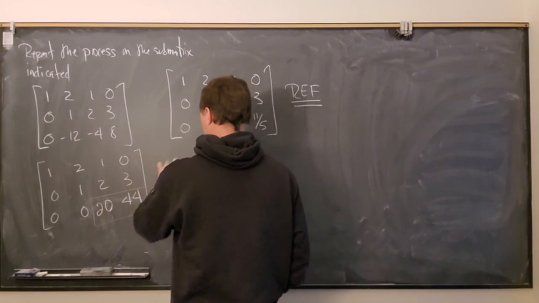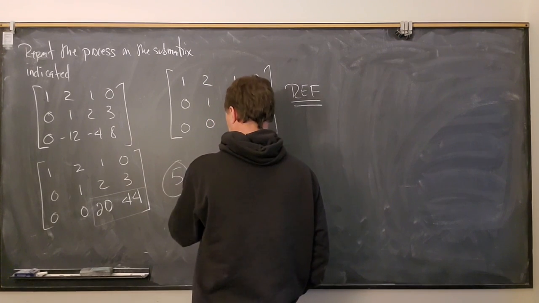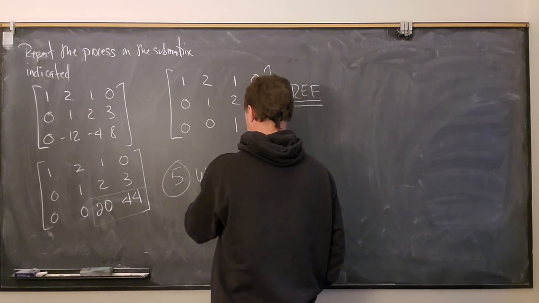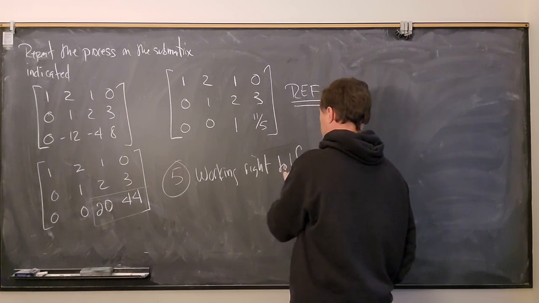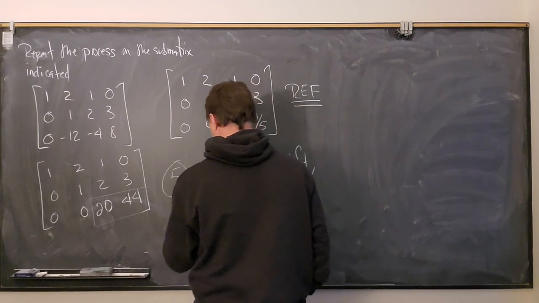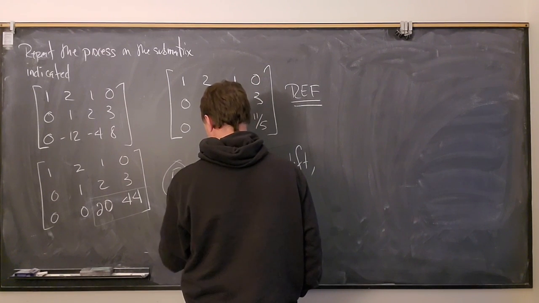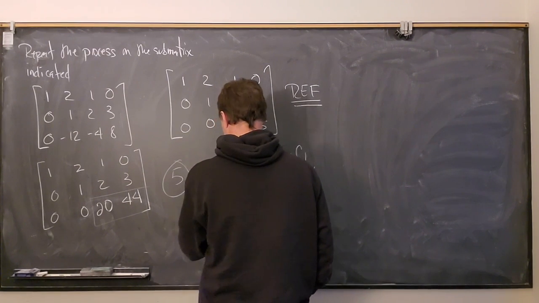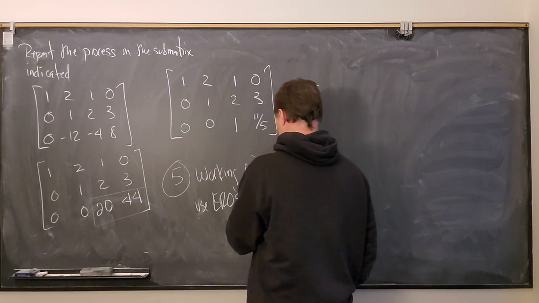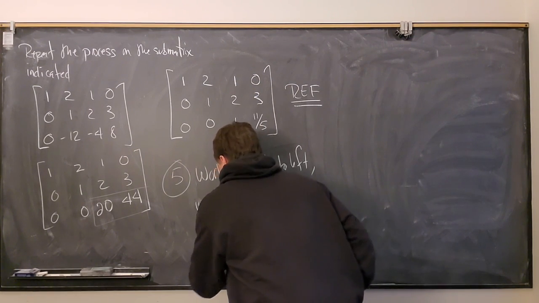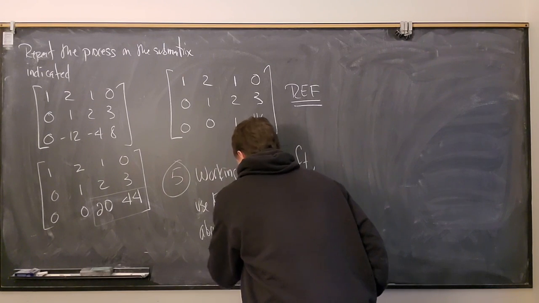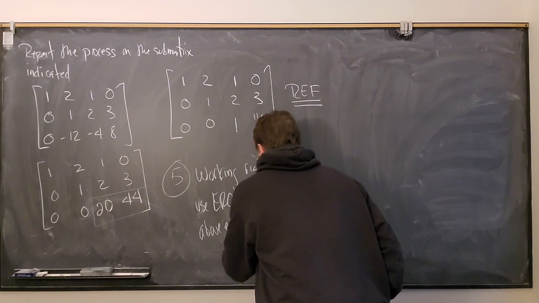So step 5, working right to left, use elementary row operations to get zeros above each leading 1.